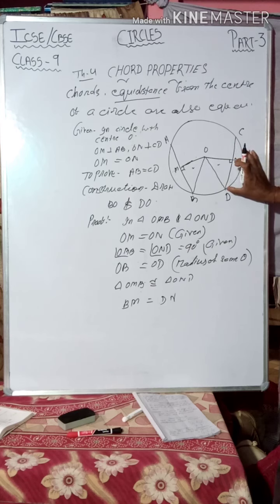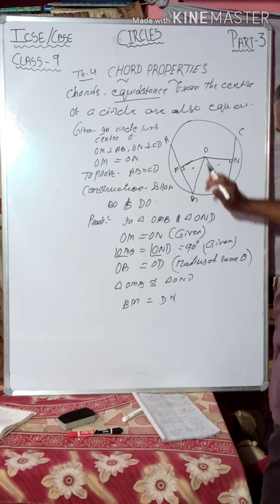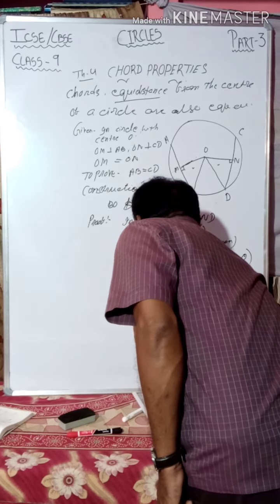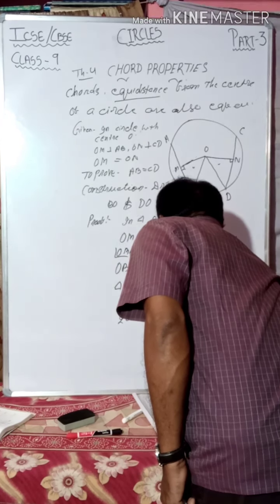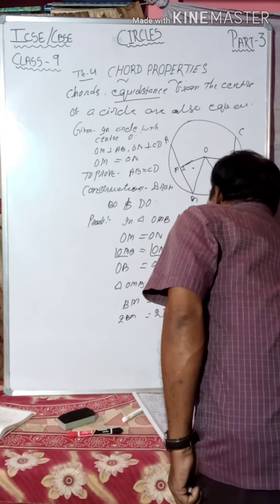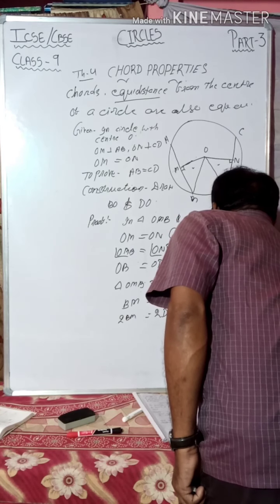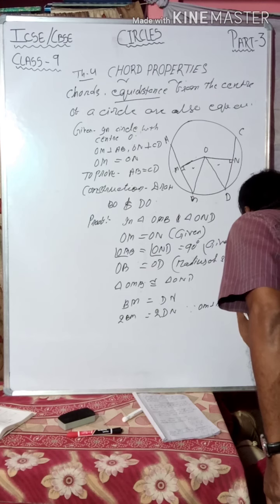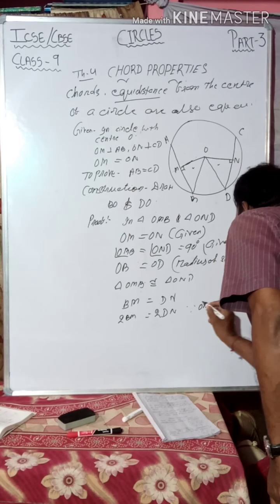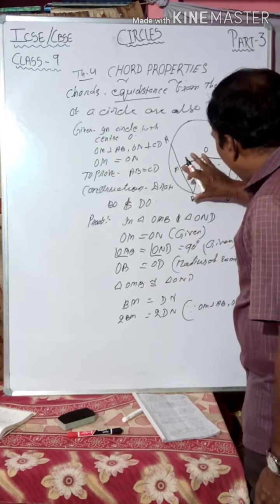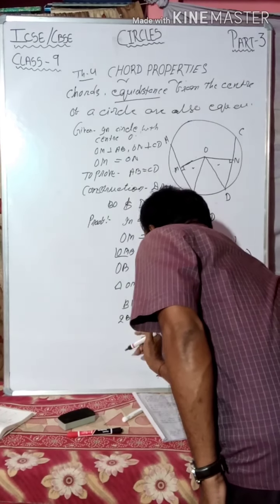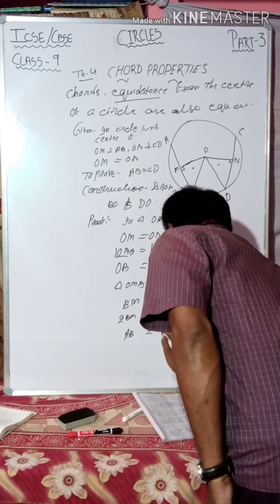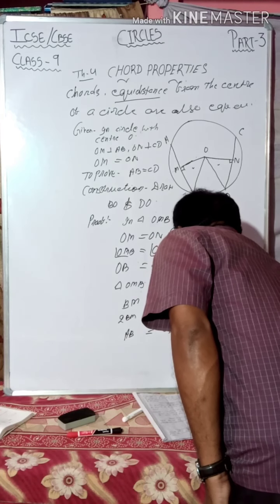So DN is equal to BM. So double of BM is equal to double of DN, as OM is perpendicular to AB and ON is perpendicular to CD. So double of BM is AB, double of DN is equal to CD, proved.